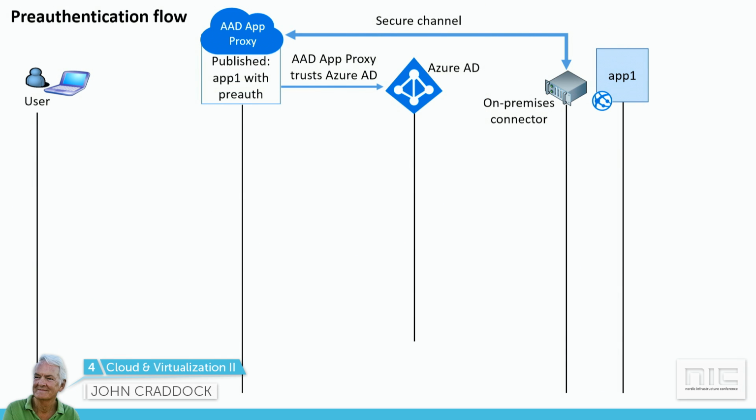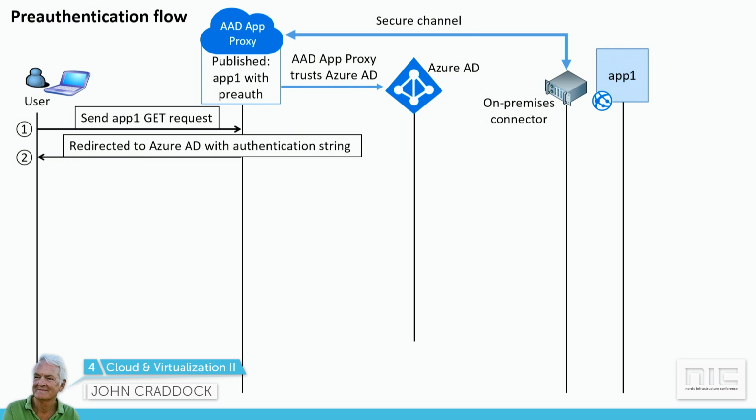Okay, if we look at the flow, what's actually happened is the user has hit the proxy. So external URL, right? CNAMED up to the proxy. So we've hit the proxy. The proxy has looked to see if that user is authenticated. And it says, you're not authenticated. How would it know if that user was authenticated? I just hit the proxy.